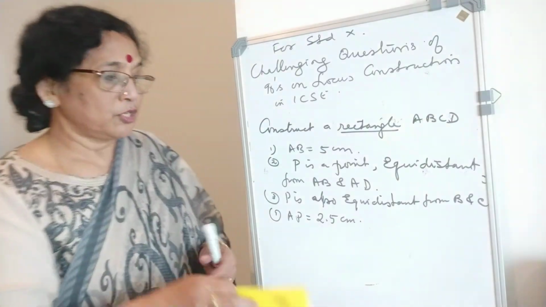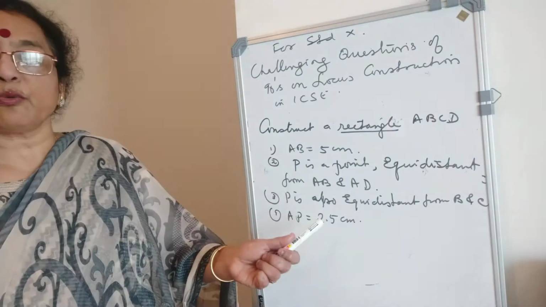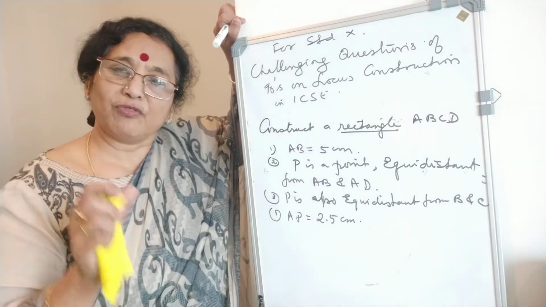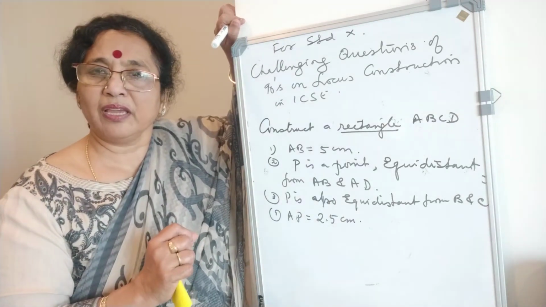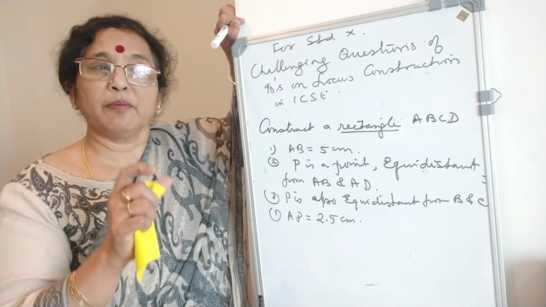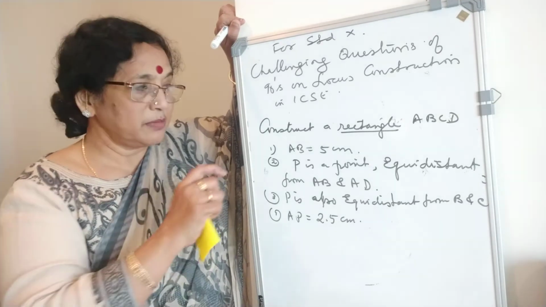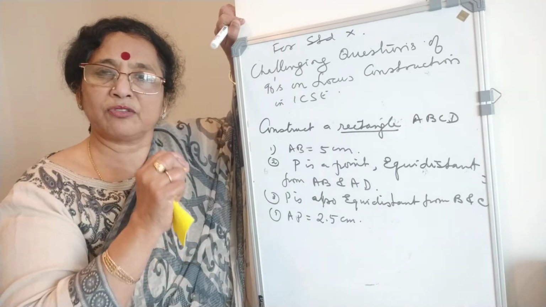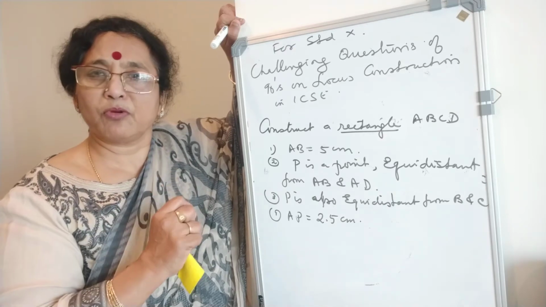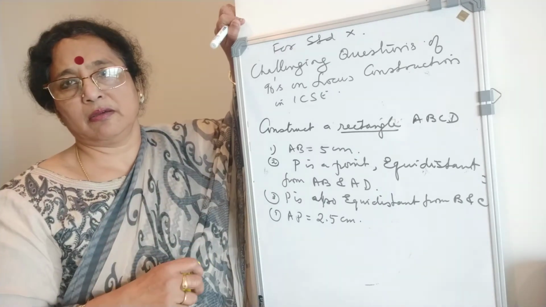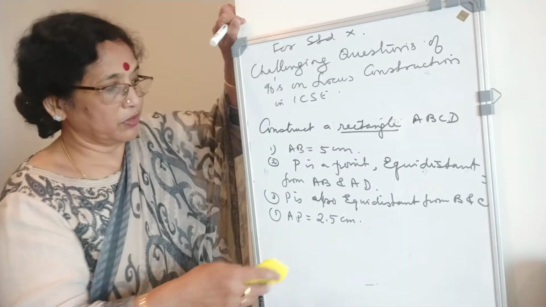Is it clear? So, reading the question, whenever a construction is given, children, always make a rough sketch. When we make a building, we have a plan made before the building is made, right? Similarly, it gives an idea what to do. And give 5 minutes to think about which theorem I'm going to apply, how I'm going to construct this problem.